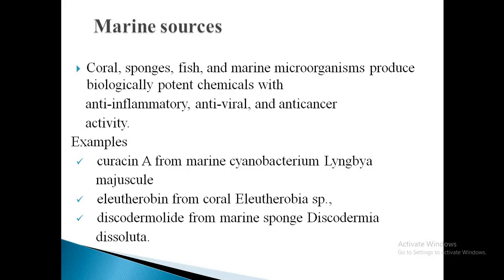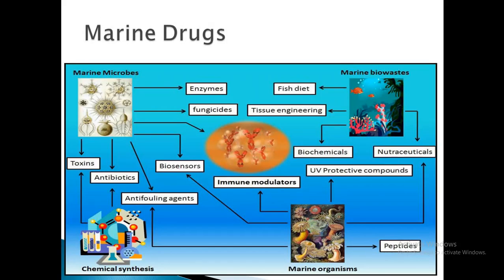For example, Curacin A is derived from the marine cyanobacterium Lyngbya majuscula, and Eleutherobin is obtained from coral Eleutherobia species, and Discodermolide is obtained from the marine sponge Discodermia dissoluta. And this is an image showing how drugs are derived from the various marine sources.